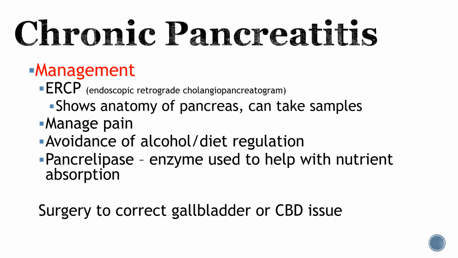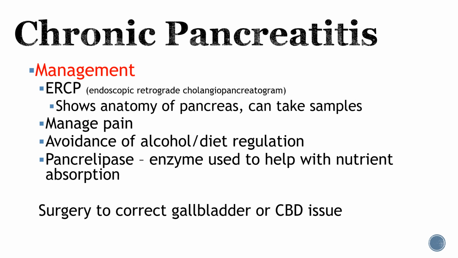If it's a gallbladder issue or a common bile duct issue, then we need to get in there and do some surgical operation to take the gallbladder and the stones that are in it out. Is there stenosis or some sort of impairment in the common bile duct that we need to replace? What we can do is this ERCP, endoscopic retrograde cholangiopancreatogram, which basically goes in, a scope that goes in, and we can actually look up through the common bile duct and see if there's issues.